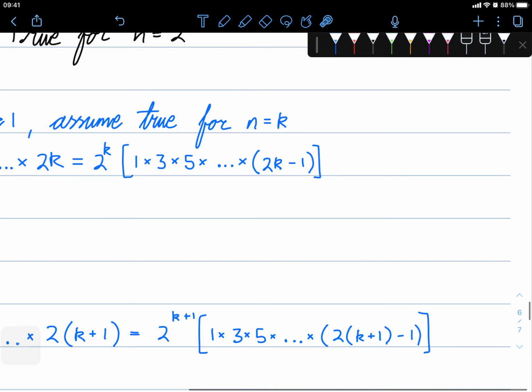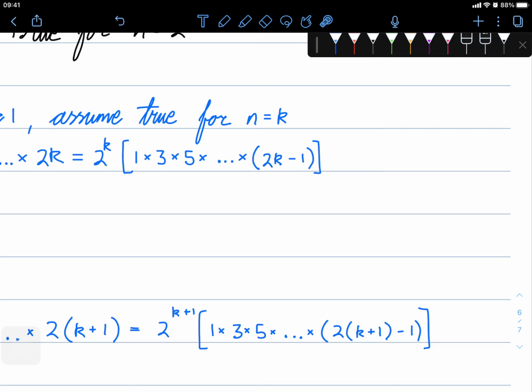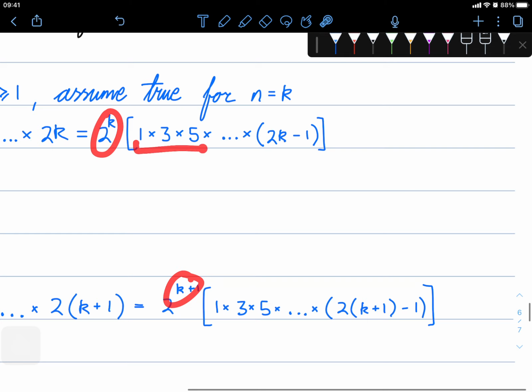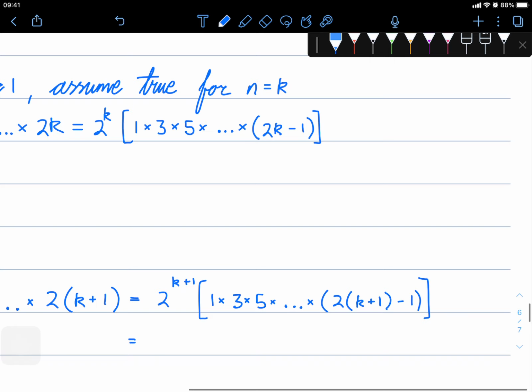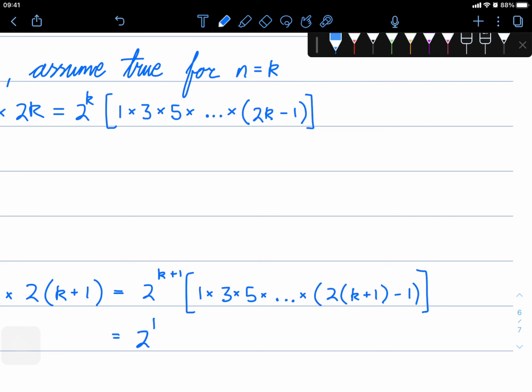The right hand side stays as normal. 2 to the power of k becomes 2 to the power of k plus 1. Inside this bracket stays the same, but this expression at the end will change. It'll become 2k plus 1, 1 times 3 times 5 times dot dot dot.